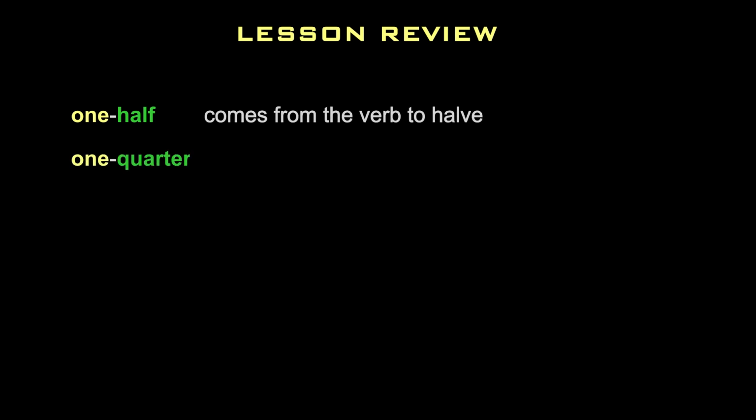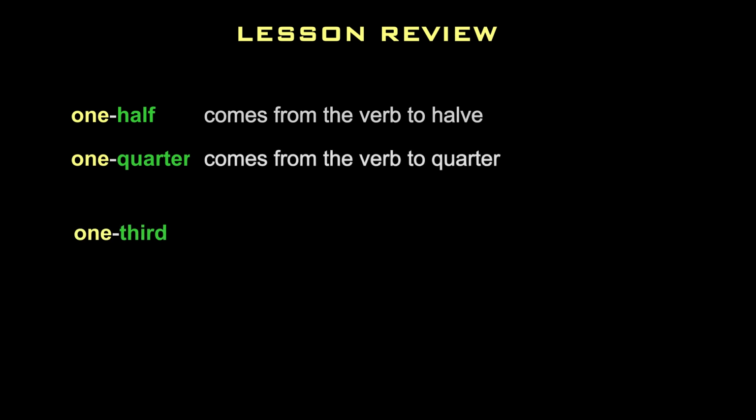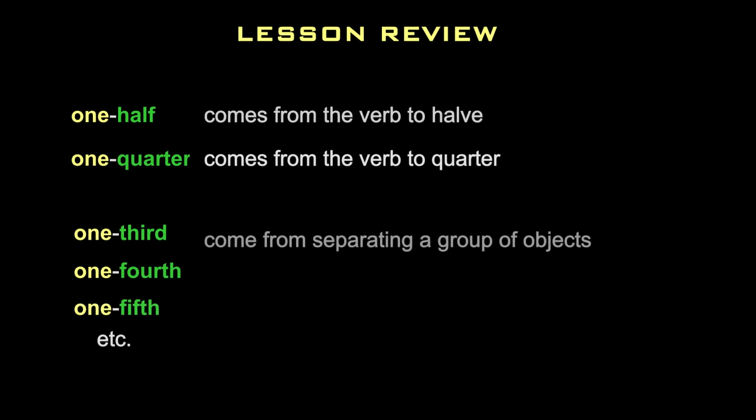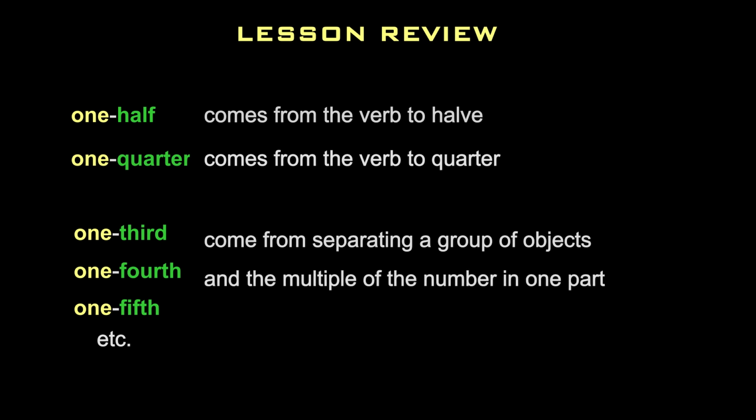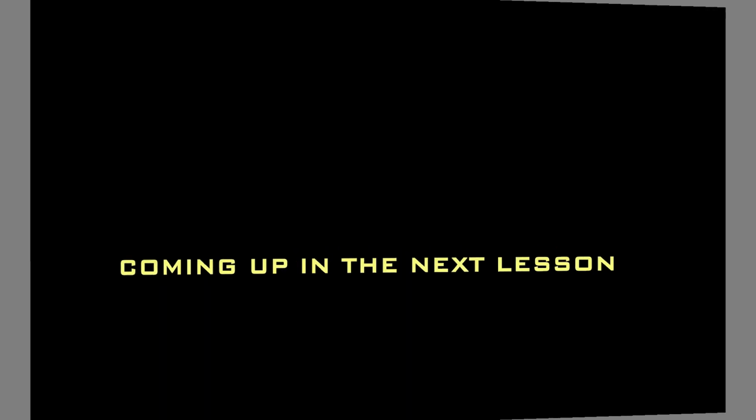That the name 1/2 comes from the verb to halve. 1/4 comes from the verb to quarter. 1/3, 1/4, 1/5, etc. come from separating a group of objects and the multiple of the number in one part that gives the number in the group. Coming up in the next lesson.